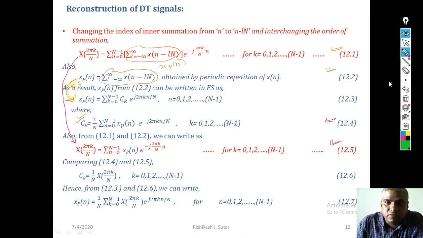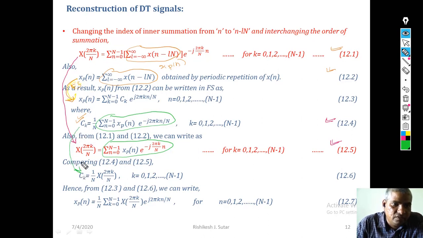So ck, this is summation n runs from 0 to N minus 1 xp of n, and this complete, both are the same. So ultimately my ck will become 1 by N into X of 2 pi k by capital N, k runs from 0 to N minus 1.